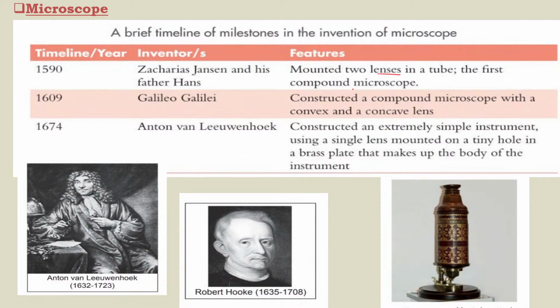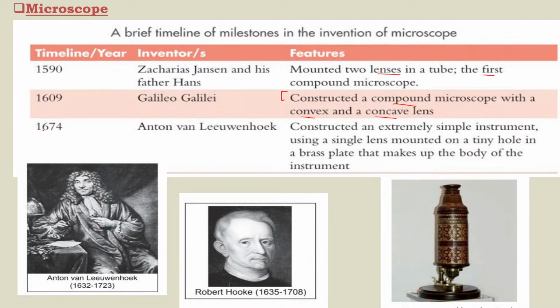They mounted two lenses in a tube, and that was called the first compound microscope. In 1609, Galileo Galilei constructed a simple compound microscope using two types of lens, convex and concave.